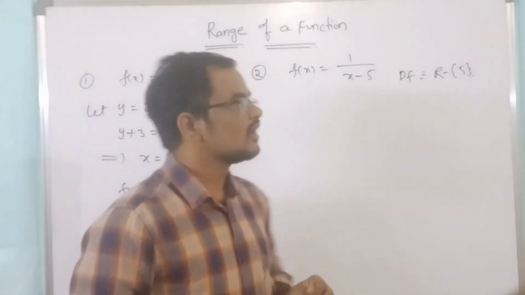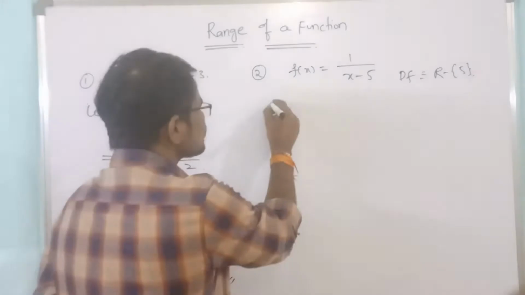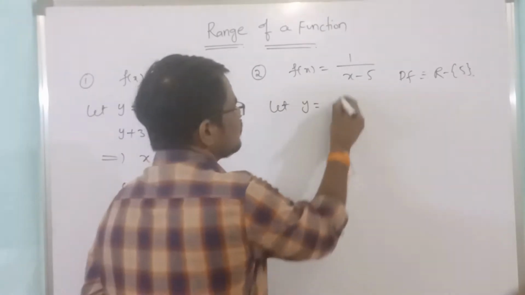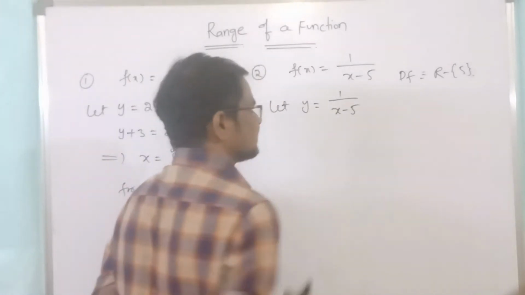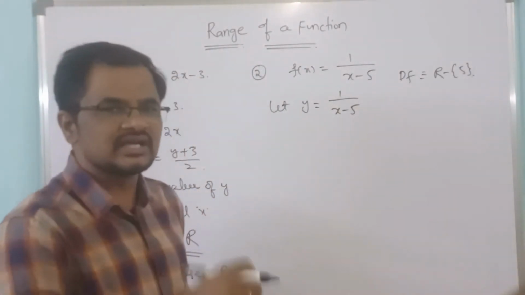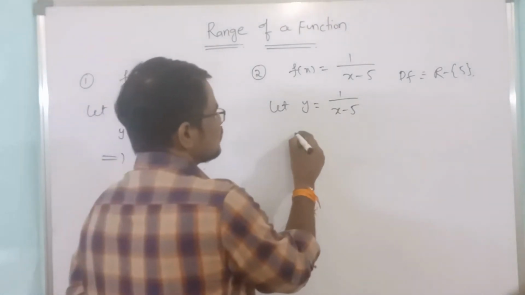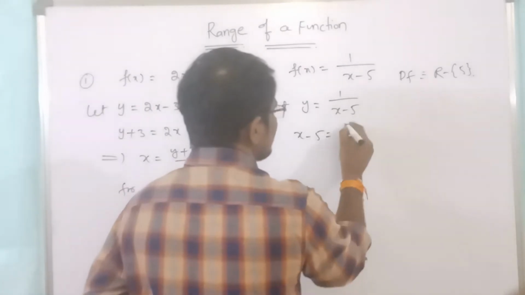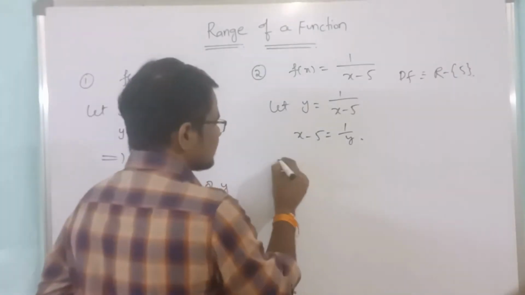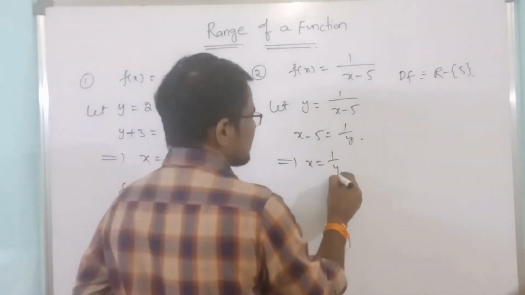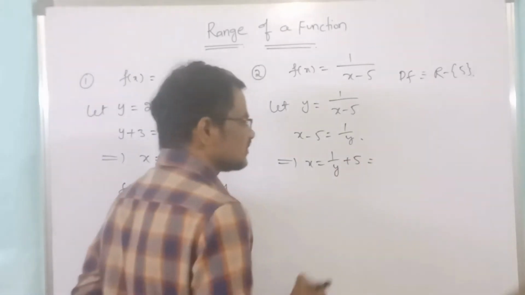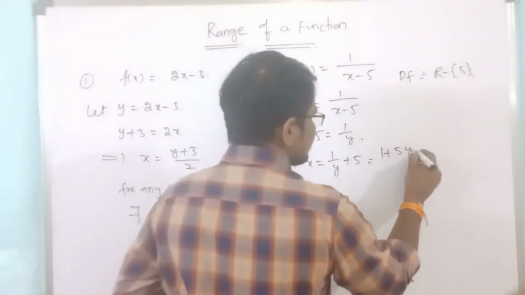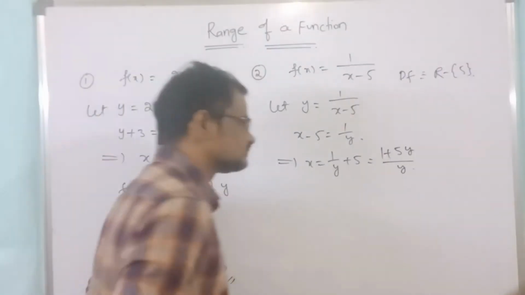Now here also we take y equal to 1 by (x minus 5) and find x in terms of y. So x minus 5 equal to 1 by y. That implies x equal to 1 by y plus 5, that is equal to (1 plus 5y) divided by y.